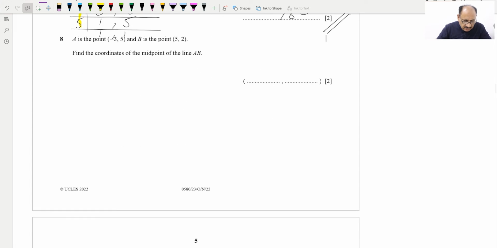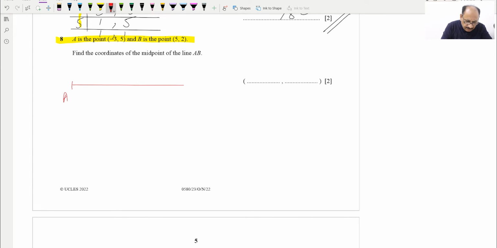Now for question number 8, A is the point minus 3, 5 and B is the point 5, 2. So A and B are 2 points, and we need to find the midpoint, so the midpoint formula will be applied. For example, A and B are 2 points.